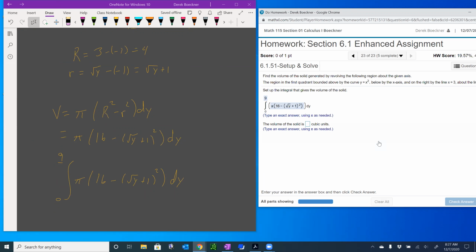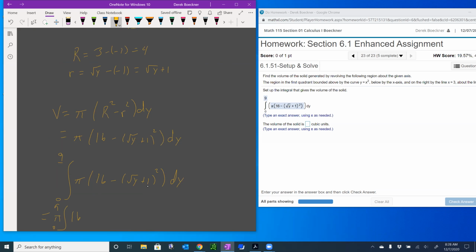And then I integrate that. To do that, I'm just probably going to expand this thing out. There's not really a nice substitution, so I would just expand it out and then integrate. So let's do that quick. Factor out the pi.